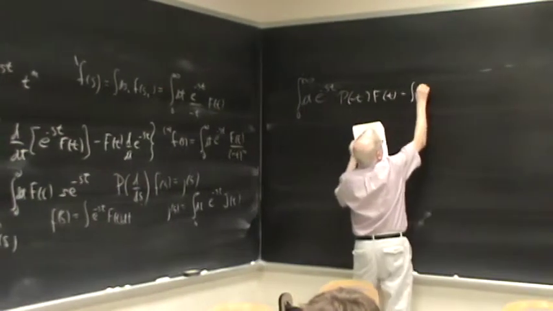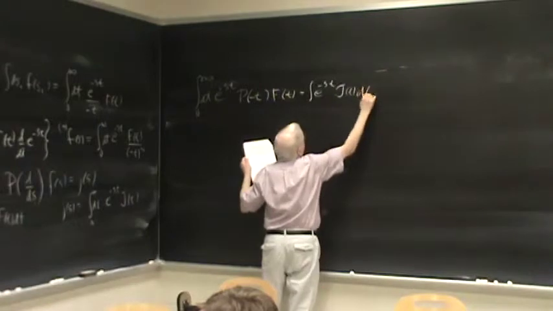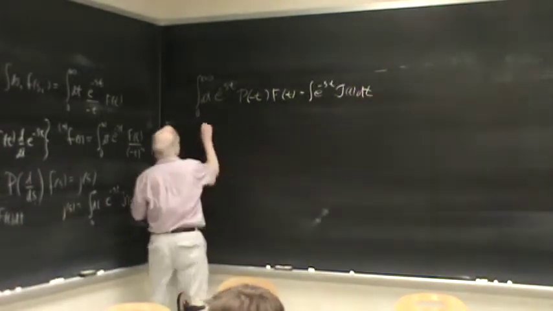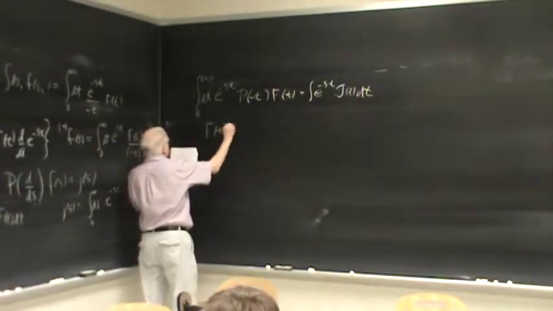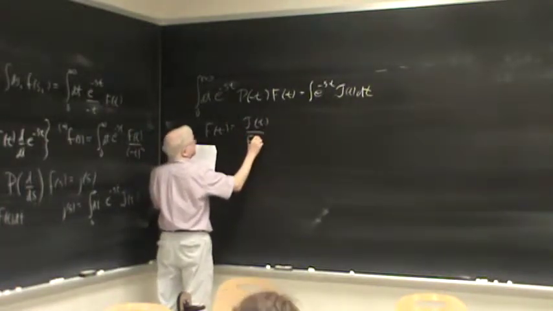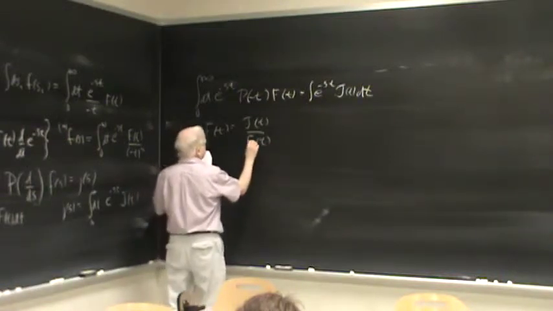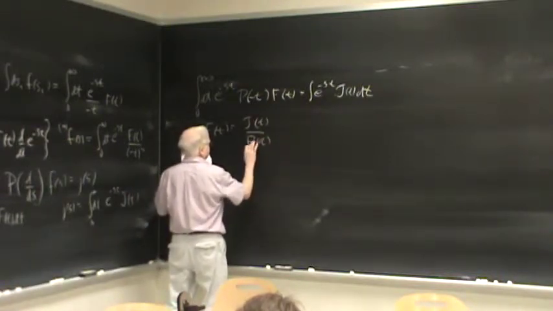And this is equal to e to the minus st j of t dt. And so the solution is that F of t should be j of t over P of minus t.